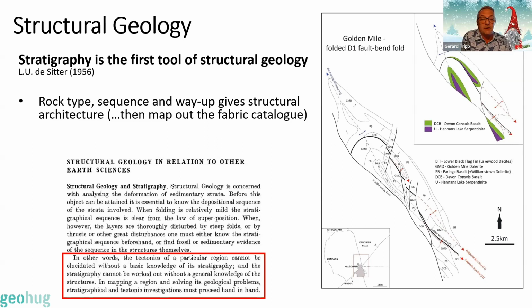It always leaves a bit of uncertainty. So if we start with the rock sequence and the way up, that gives us the architecture, then we can map out the fabric catalogue that comes after. Those are the first things, and then everything comes out. You can start counting fabrics and faults and shear zones that come 1, 2, 3, 4 after that. But that's really the important thing.